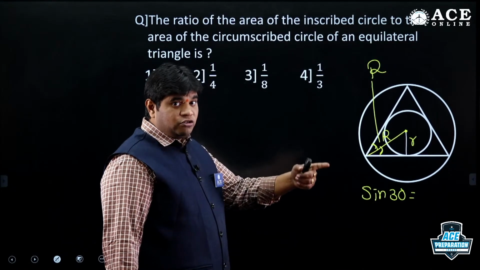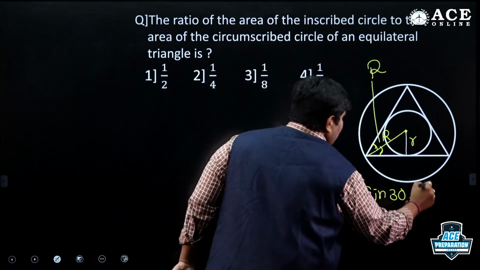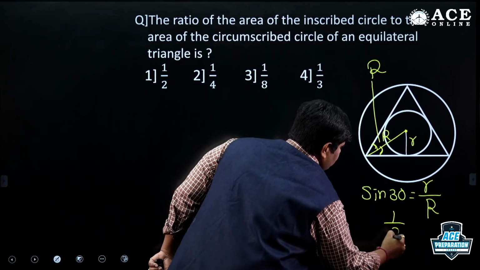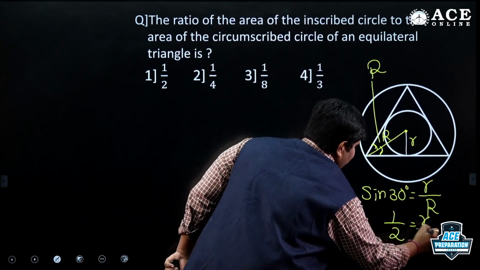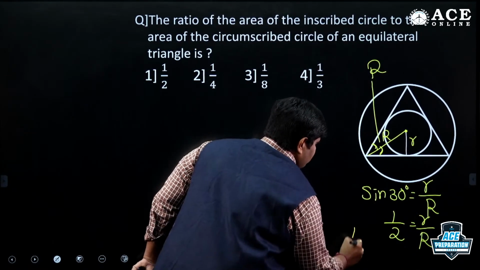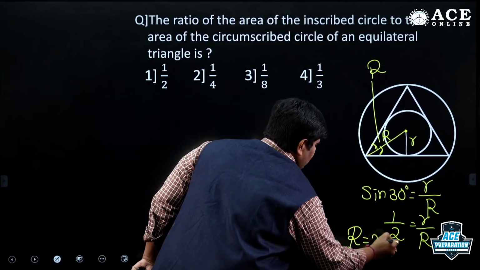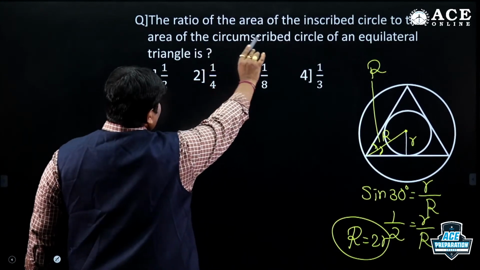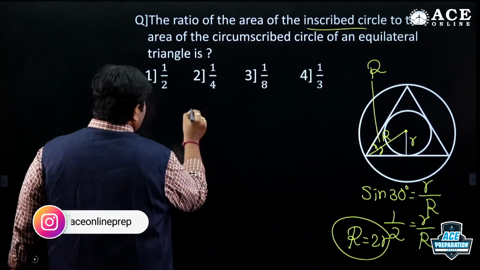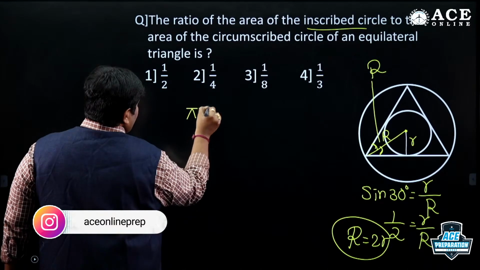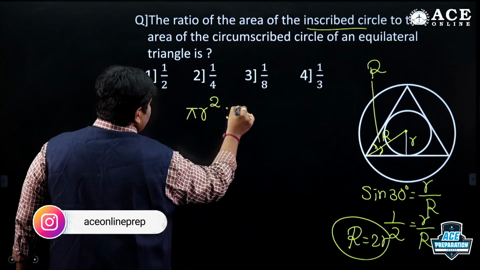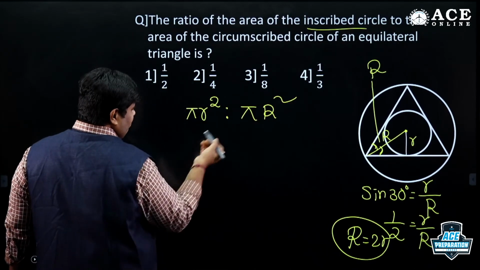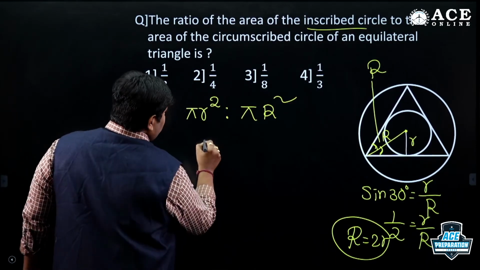Sin 30 is opposite side by hypotenuse. Opposite is small r, hypotenuse is capital R. Sin 30 is r by capital R, so capital R is equal to 2 into r. Now apply it. The requirement is the ratio of the area of the inscribed circle, pi r square, to the outside, pi R square. Pi cancels, r square, so same r square.